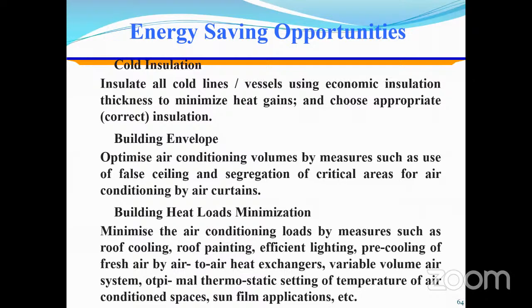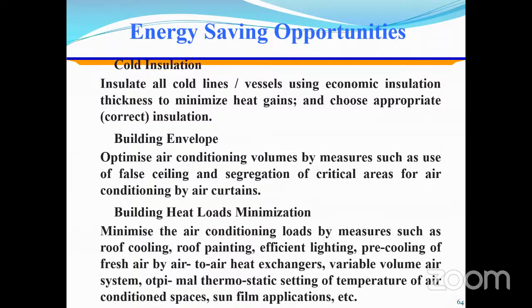Building envelope. Optimize air conditioning volumes by measures such as use of false ceiling and segregation of critical areas for air conditioning by air curtains. Next, building heat loads minimization.